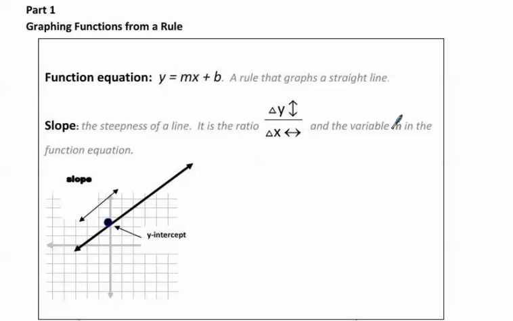And the variable m in the function equation stands for slope. So m equals slope, which is always a fraction.